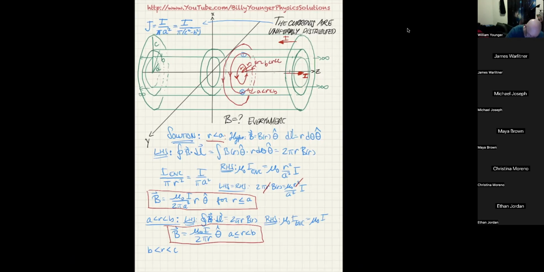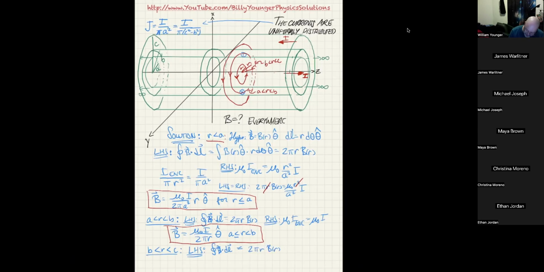But again, we're still going in the same direction and everything. So for this one, we have, as you might suspect, the same hypothesis. So the left-hand side is going to turn out to be the closed integral of B dot dl, which is equal to 2 pi R B of R.